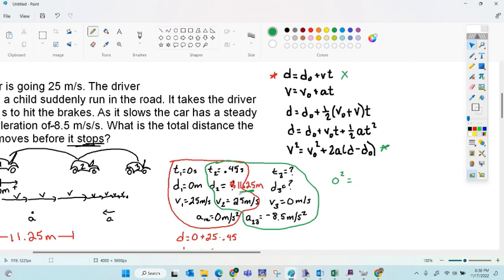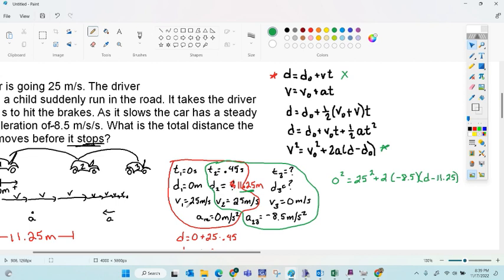starting velocity 25 squared plus 2 times negative 8.5. This is why it's important for us to have the negative going against. Our picture helps us with that. Ending position is what we're trying to find, minus starting position, which is 11.25.